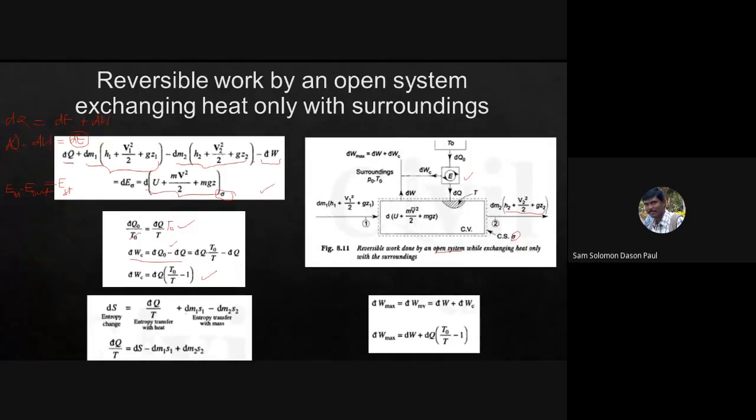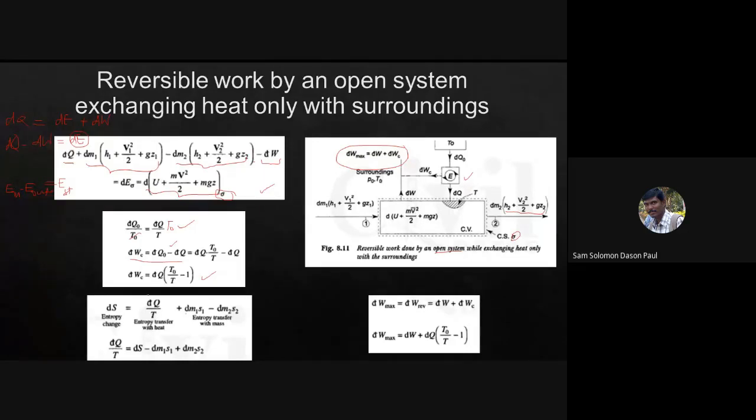The total work then is the work that is delivered by the device plus work that is delivered by the engine. You can see here dW max is dW plus dWc, figure 8.11. Okay. Now we have the entropy change. Again, we have done this when we talked about entropy. The change in entropy is because of the entropy change due to heat transfer and the entropy change due to the mass transfer.